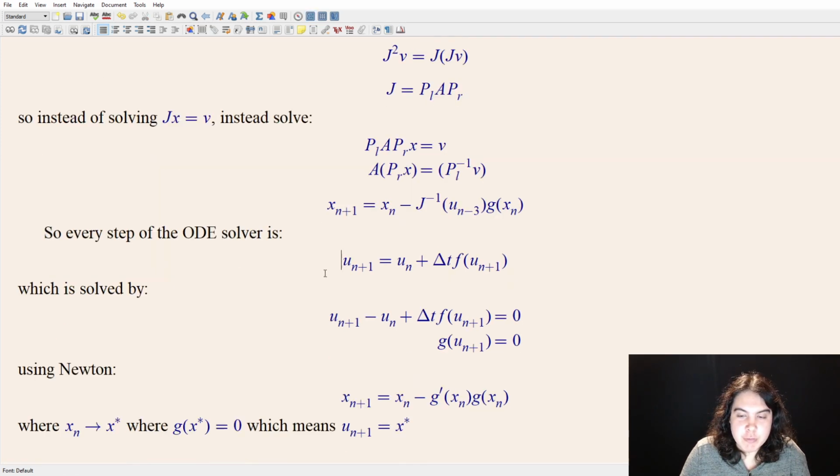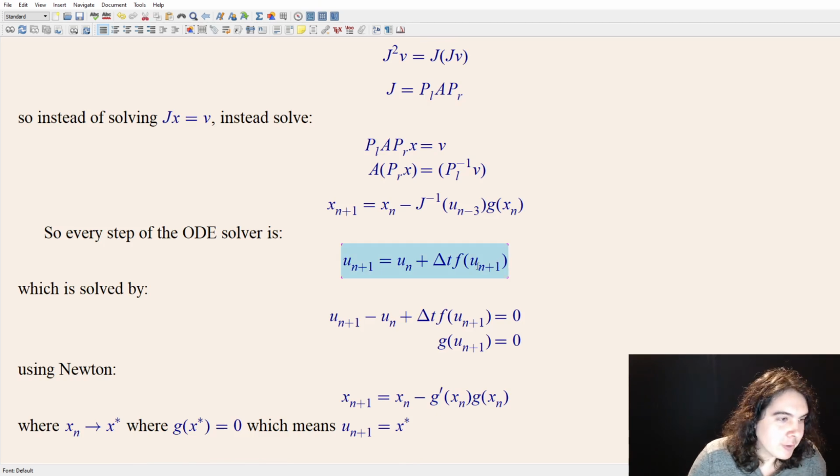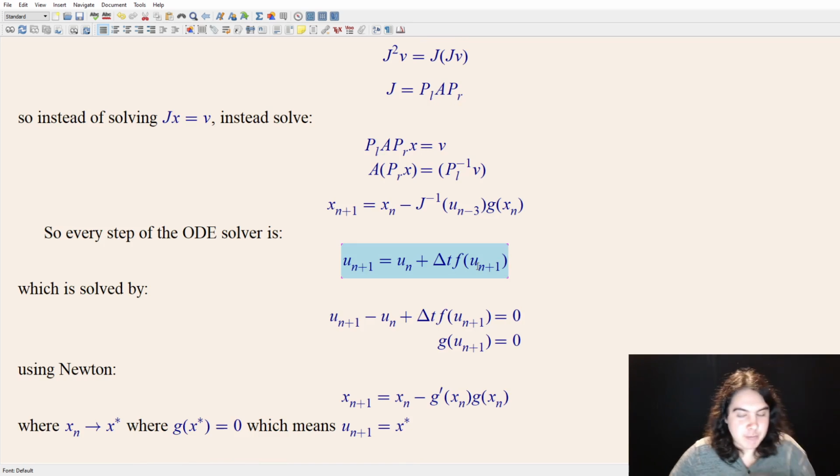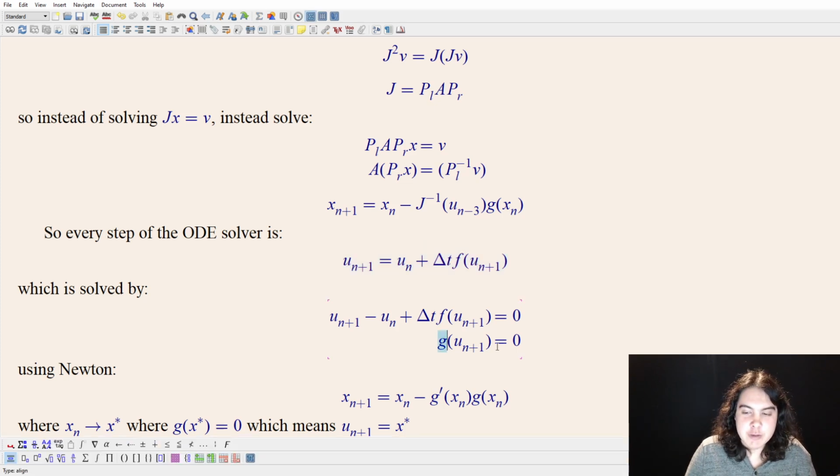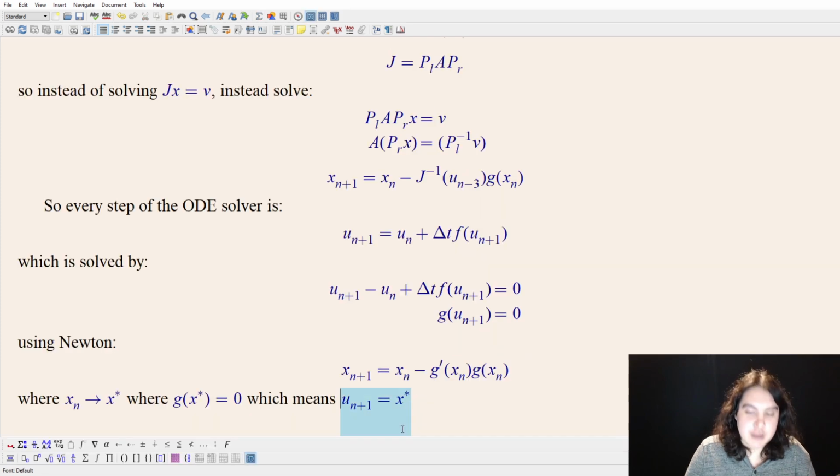So what we were really trying to do is just one step of an ODE solve. An ODE solve is an iterative method. In order to do one iteration of the ODE solve, we turn it into a Newton problem, and so we have to iterate a Newton method in order to get that one step.